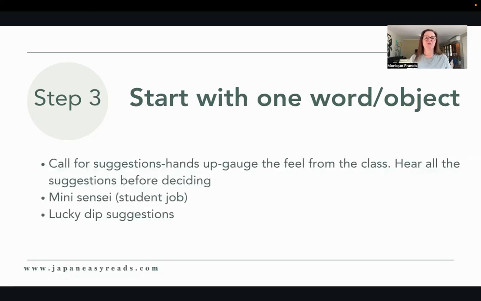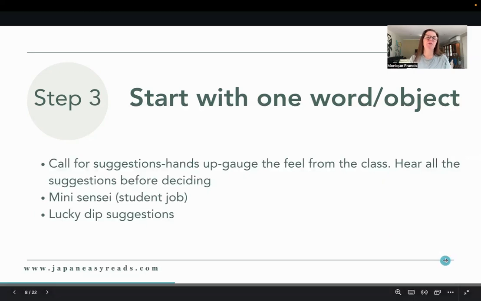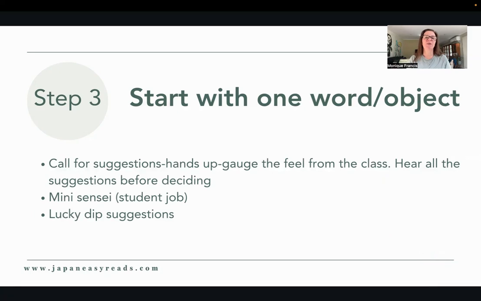So how do we choose? So we can call for suggestions, a hands up, gauge the feeling from the class about which one really has gathered momentum. Definitely hear all the suggestions before deciding so that each student feels heard. And the teacher can then decide.